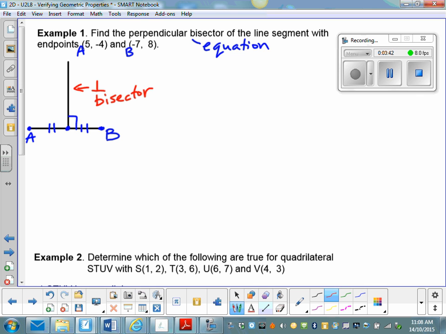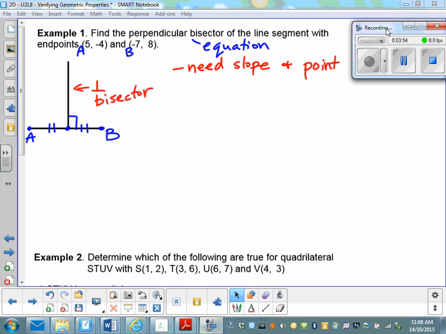So for the equation of a line, we need slope and we need a point. So for the point, as we can see in our diagram, the point that's on the perpendicular bisector is the midpoint of AB.